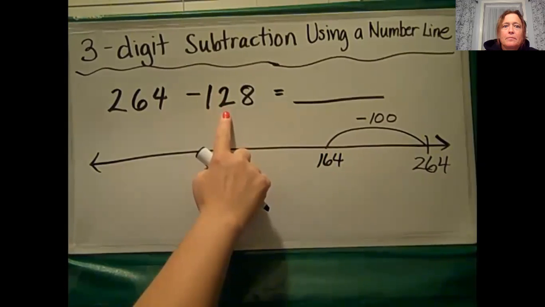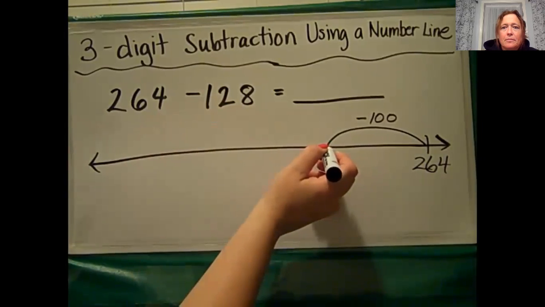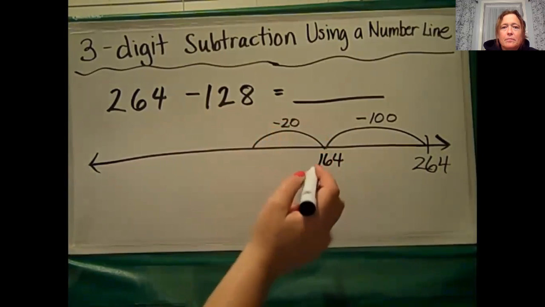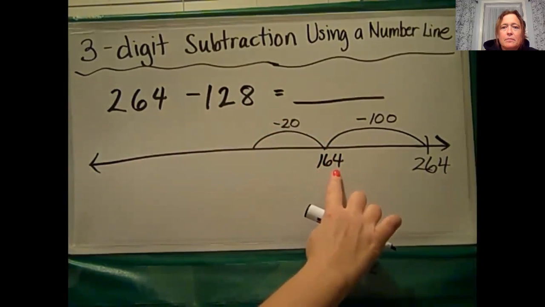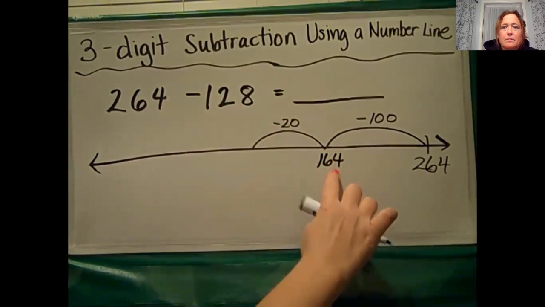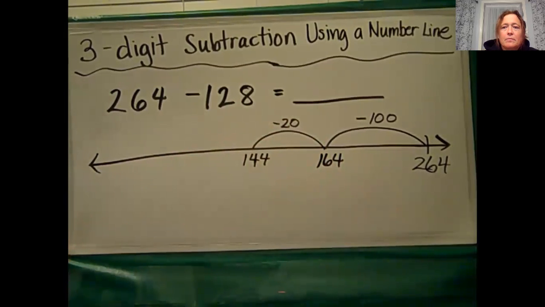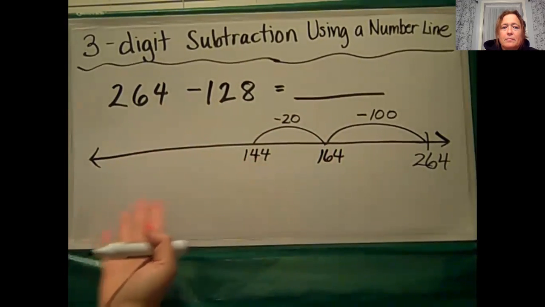Now I'm going to hop 20 spaces back. I'm going to write minus 20. If I take 20 away from 60, I get 40. So 164 minus 20 would be 144. Now I have to hop 8. Well, again, we can break this up to make it easier.